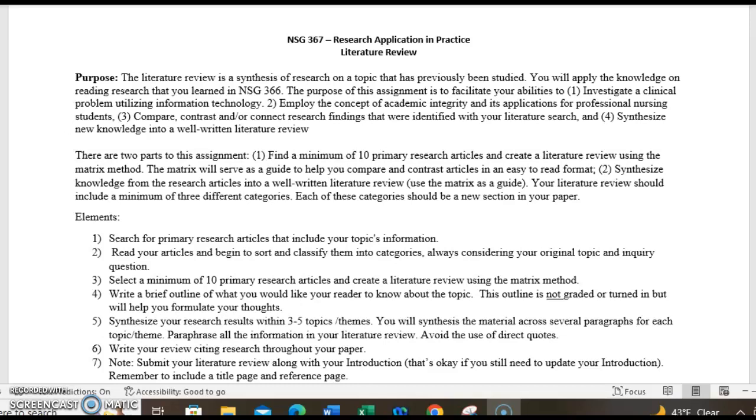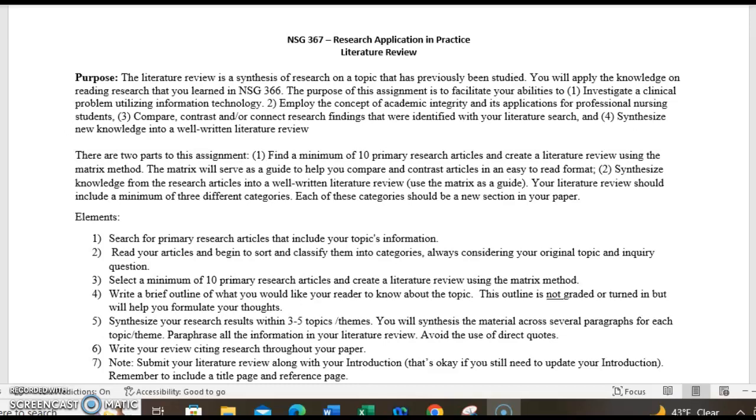It is important that when you write your review that you cite research throughout the paper. Now, your literature review assignment itself should be submitted along with the introduction that was submitted 1 or 2 weeks prior.